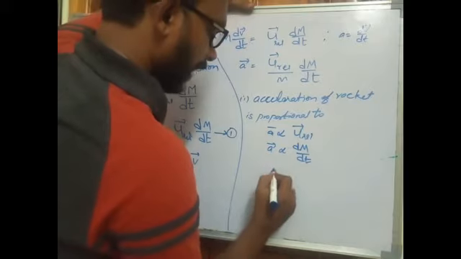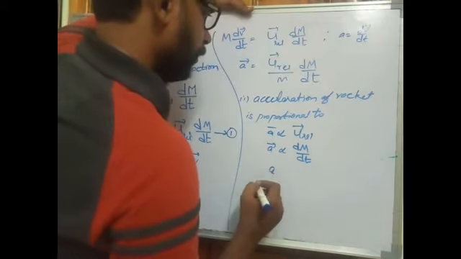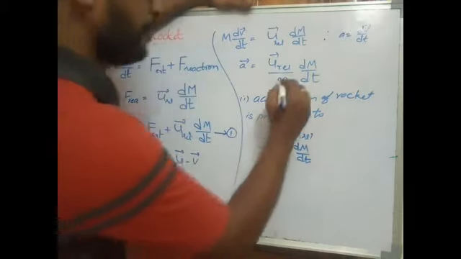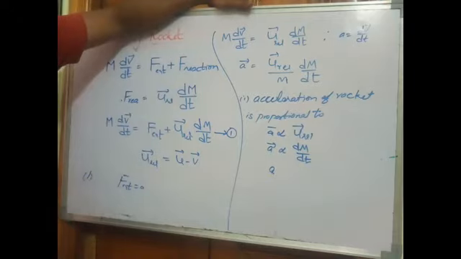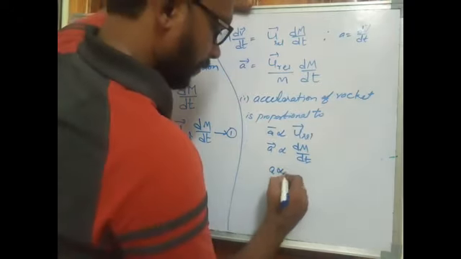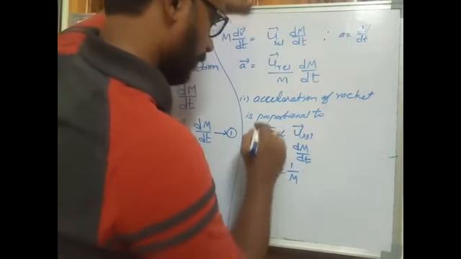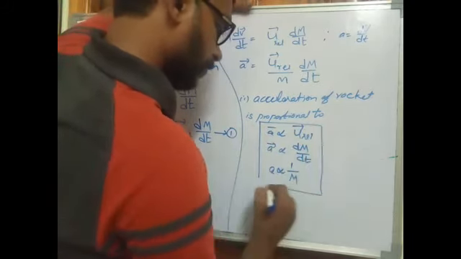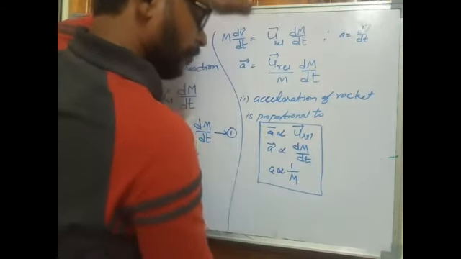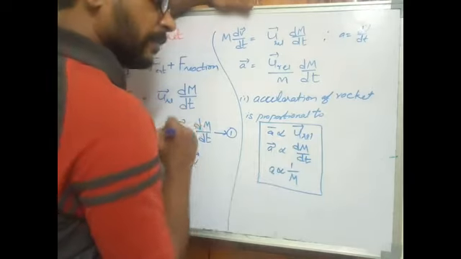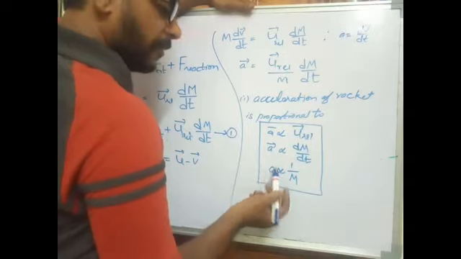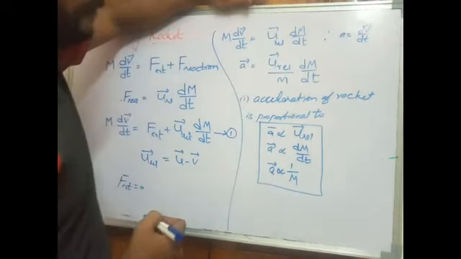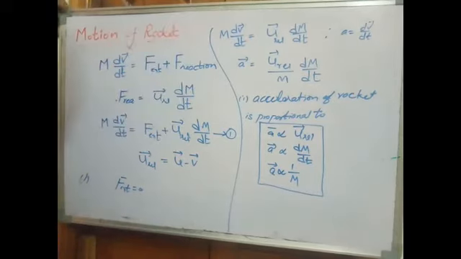And acceleration is inversely proportional to the instantaneous mass, a is inversely proportional to m. So acceleration of the rocket is directly proportional to the relative velocity and to the rate of change of mass, and inversely proportional to the instantaneous mass of the rocket.